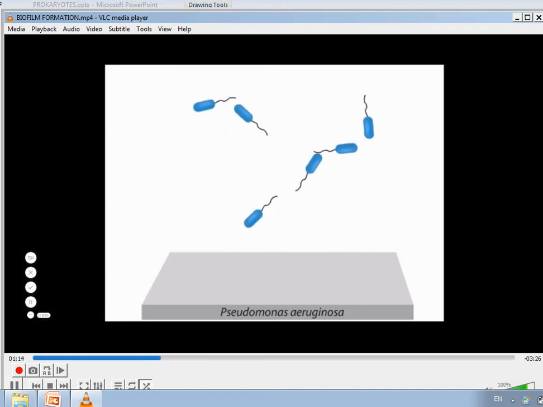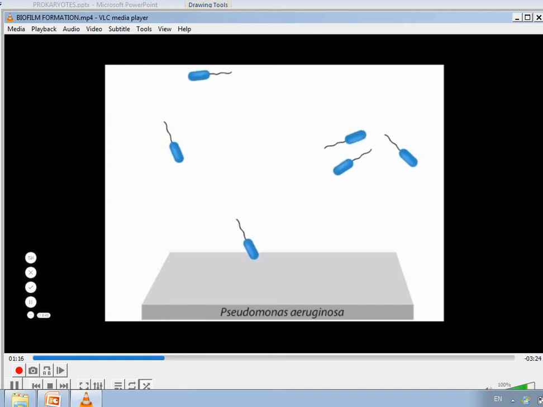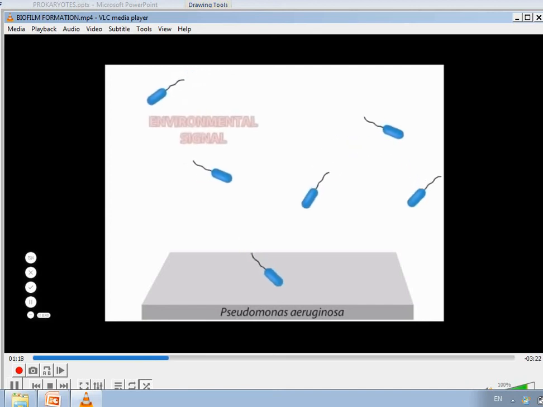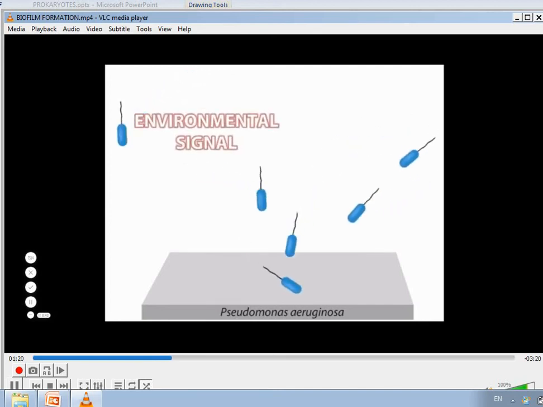The first stage of biofilm formation occurs when a specific environmental signal induces a genetic program in free-living planktonic cells. In response to the signal, the planktonic cells begin to attach to nearby surfaces by means of flagella, pili, lipopolysaccharides, or other cell surface appendages.